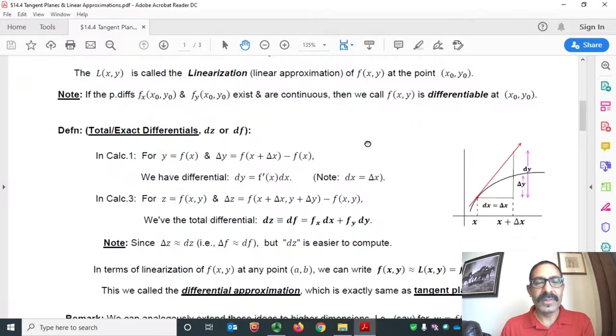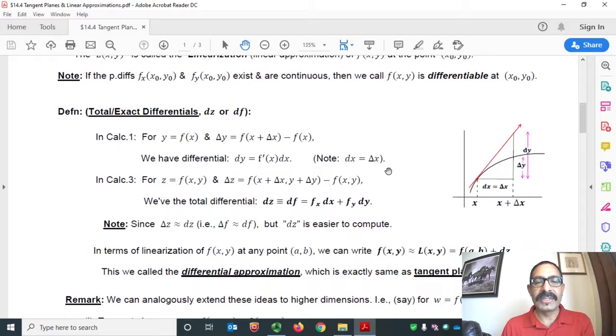Next definitions: the total differentials or exact differentials, dz or df. In calculus 1, for a function of a single variable y equals f(x), delta y equals f(x plus delta x) minus f(x). In the diagram here, this is the curve. At any point here, this is x, which is here f(x), and let's take a small increment delta x along the x. So the next point is x plus delta x.